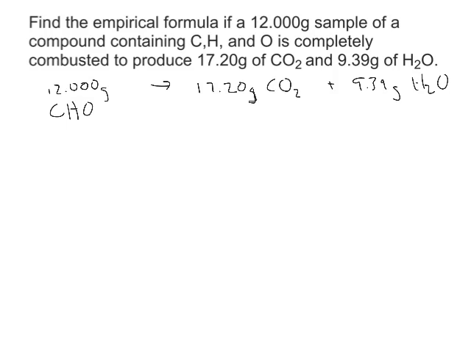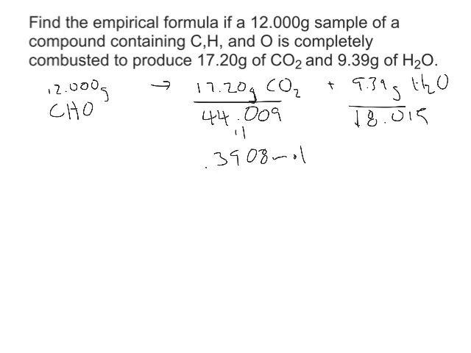Okay, same process. Divide by those molar masses. You'll be getting really familiar with these. 44.009 for carbon dioxide, so that gets me 0.3908 moles, and 18.015 for water, and that gets me 0.521 moles.